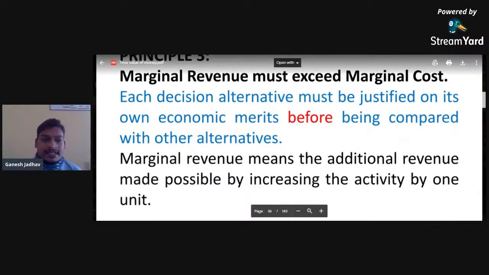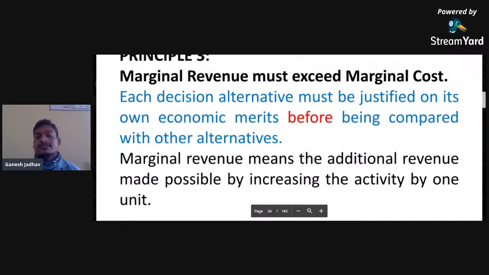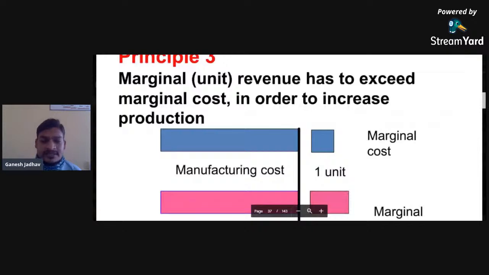Marginal revenue means the additional revenue made possible by increasing the activity by one unit. Marginal revenue must exceed marginal cost.